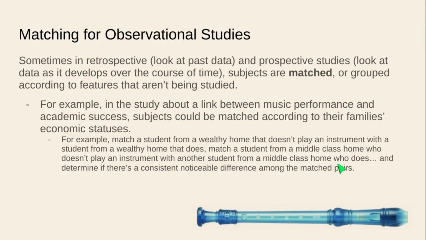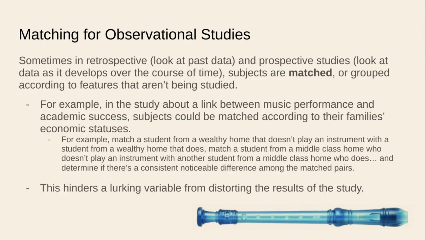And we could compare between those groups. And if we find a consistent trend among those groups, we could effectively rule out the possibility that a lurking variable, namely economic status, is distorting the results from the study because we're comparing people of like economic statuses.